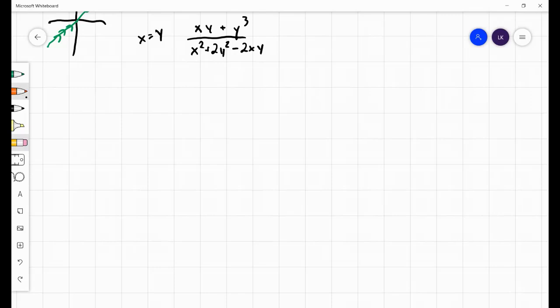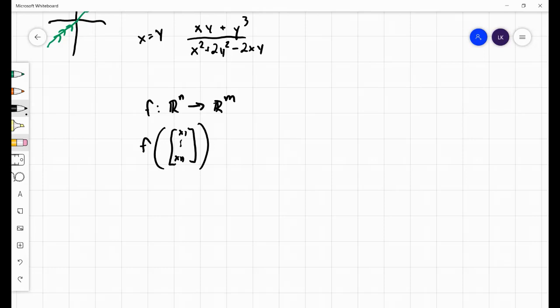assume that we have a function from Rn to Rm. Meaning that our function has n inputs and the output vector has m outputs. So you have coordinate functions, f1 at x, f2 at x, all the way to fm at x, m outputs.